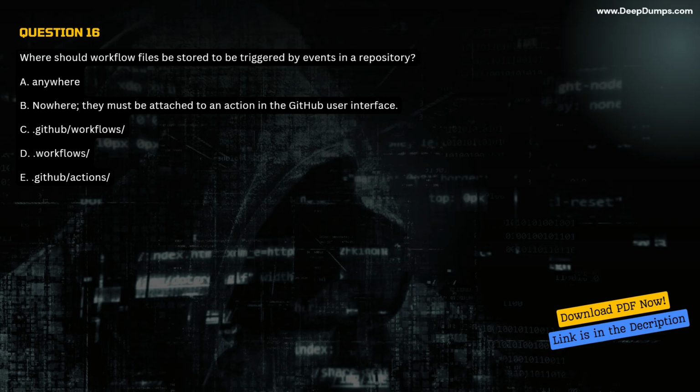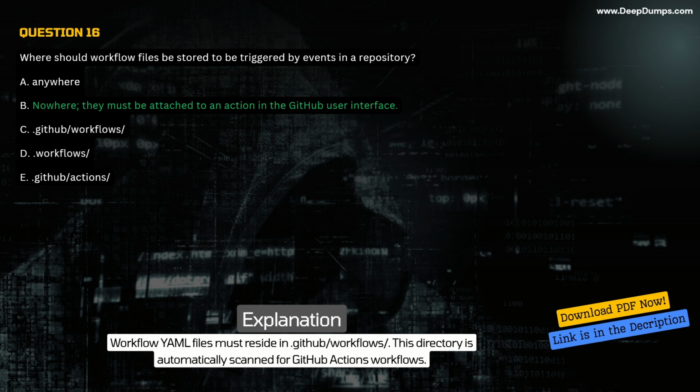Correct answer B. Nowhere. They must be attached to an action in the GitHub user interface. Explanation. Workflow YAML files must reside in .github/workflows/. This directory is automatically scanned for GitHub Actions workflows.